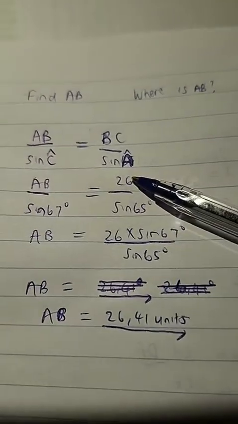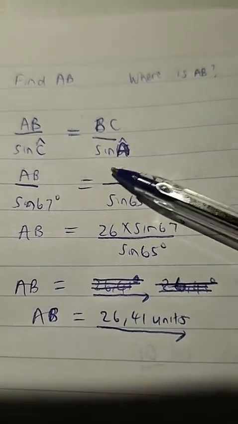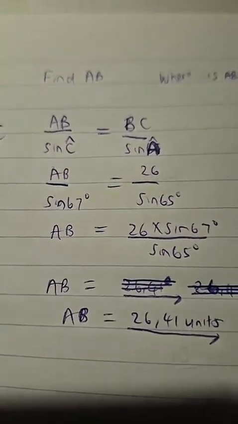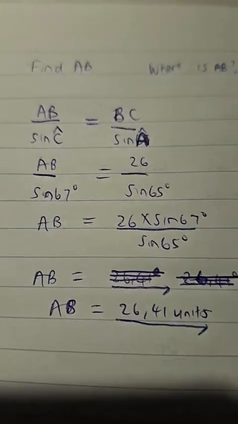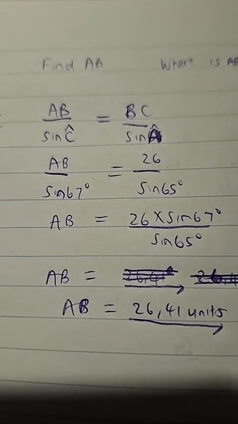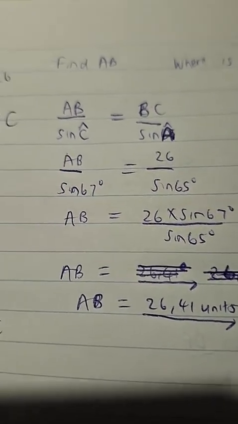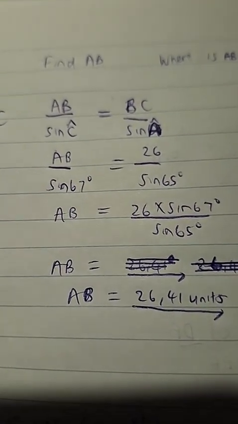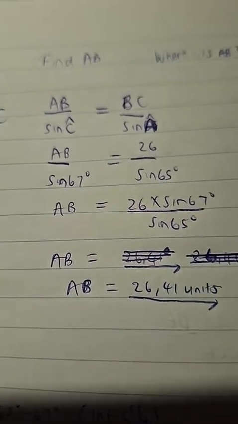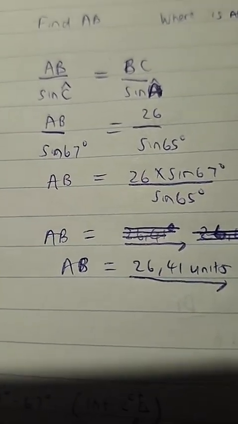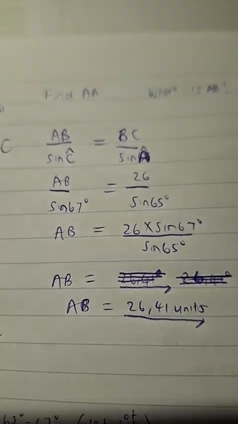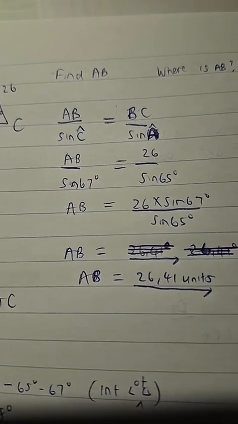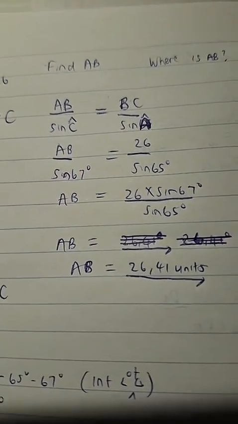Then my second fraction must definitely have both the angle and the side given to me. That is the condition. I have to have a side and an angle given to me in order to use the sine rule, and I have to have the one angle that is opposite either the side that I'm looking for or the one side that is opposite the angle that I'm looking for. That is the condition of using the sine rule. It does not work in any other way.